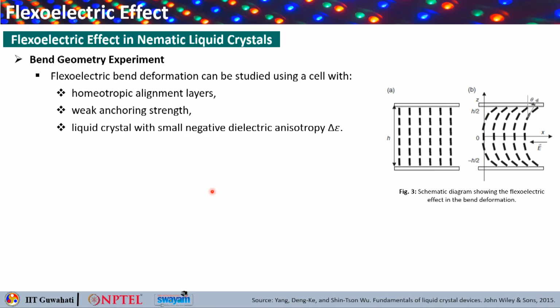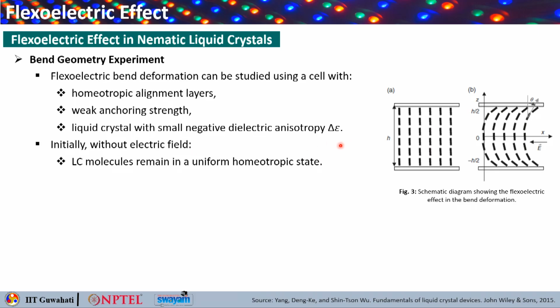Now let us look into a bend geometry experiment. This is how it works: flexoelectric bend deformation can be studied using a cell with homeotropic alignment layers, weak anchoring strength, and a liquid crystal with small negative dielectric anisotropy delta epsilon.